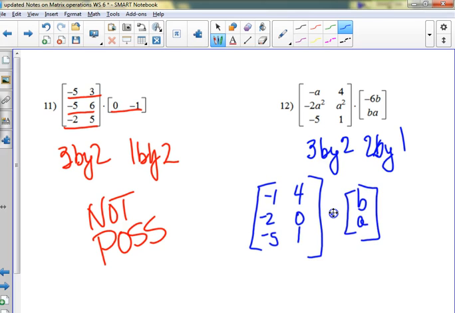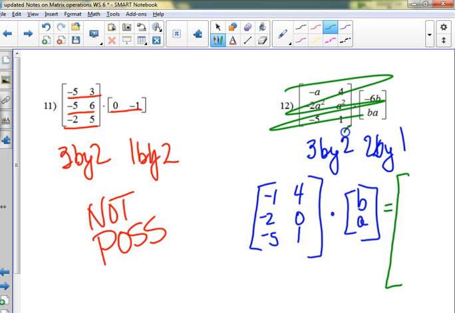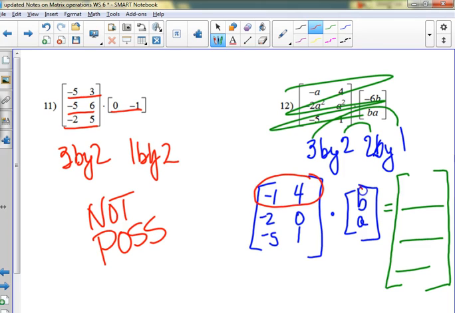All right. If you don't want to write it down, don't write it down. But if I could do this one, what size would I end up with? This is a 3 by 2 times a 2 by 1. These are the same, so I can do it, and I would wind up with a 3 by 1, which is going to look like this, yes? Okay. So the first one is row 1 times column 1.